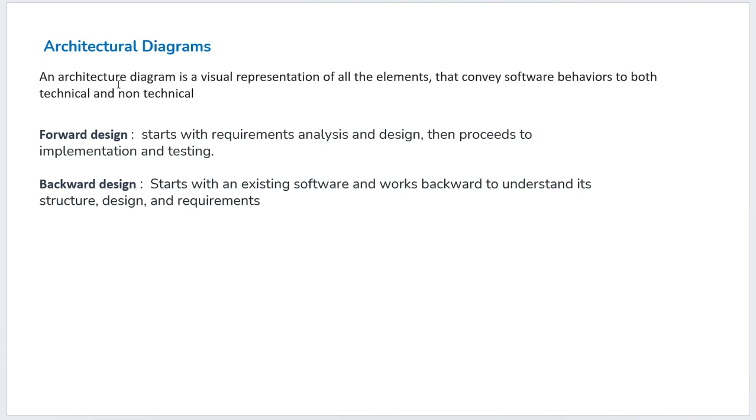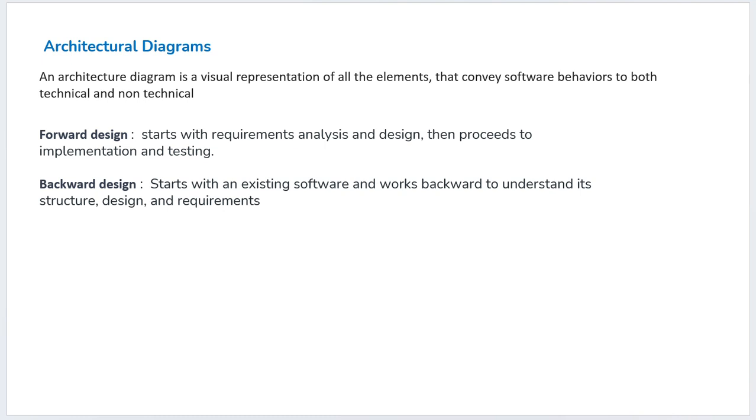An architectural diagram is a visual representation of all elements that convey software behavior to both technical and non-technical people. Good software architecture diagrams are a source of truth and clarity. You want your diagram to quickly convey a software system's essential composition and behavior.